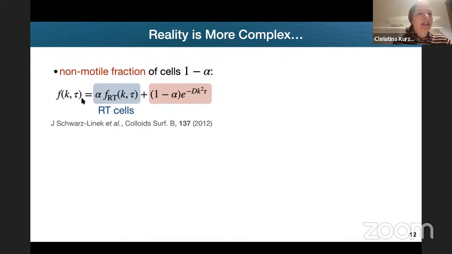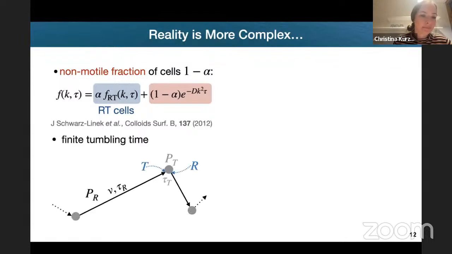Overall, the ISF is then a sum of the ISF for run and tumble cells plus that for passive cells. So e to the minus D k squared tau is the intermediate scattering function for cells that are simply diffusing. That's an assumption that we take and that seems to work quite well.